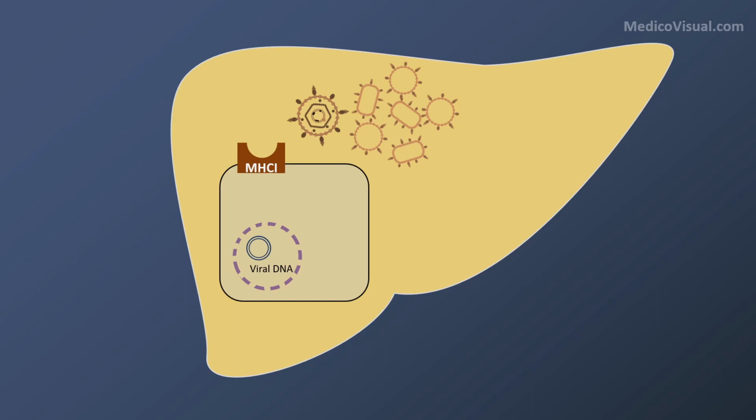Remember, it does not present the whole protein, it only presents fragments of proteins, which are processed by proteasomes after degradation. So let's suppose it is presenting a fragment of the core protein or capsid protein of hepatitis B virus.